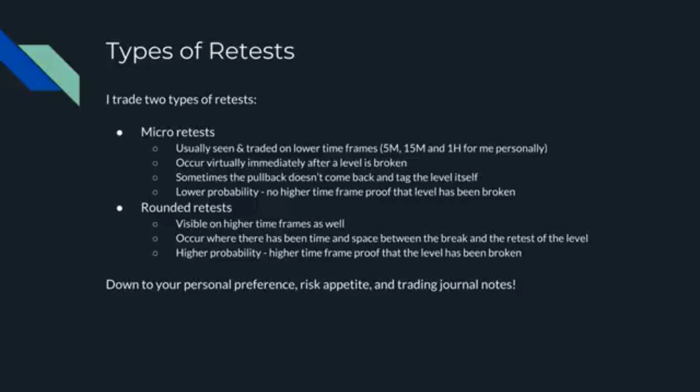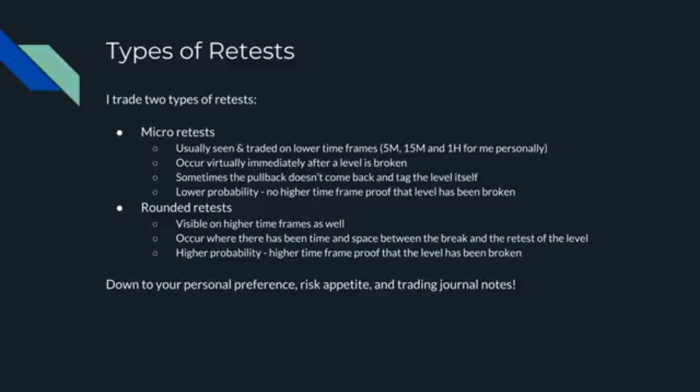I keep it relatively simple and trade two types of structures. One I call a micro retest. This is usually seen and traded on lower time frames, and these micro retests occur virtually immediately after a level is broken. In some cases, the pullback doesn't even come back to tag the level itself.